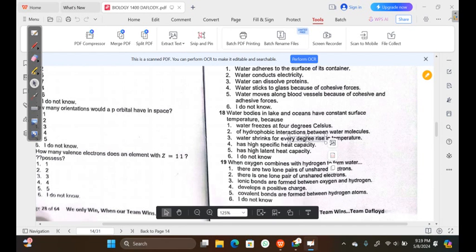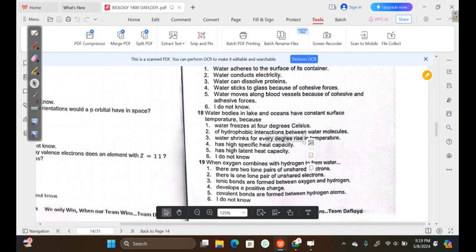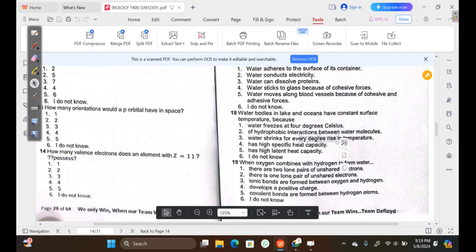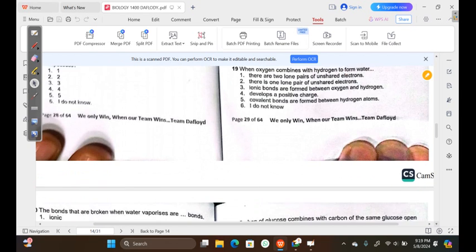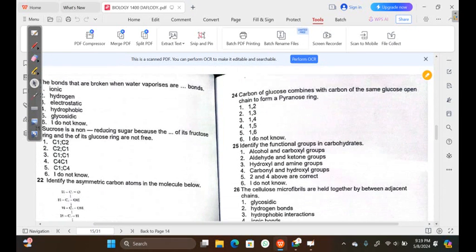Which other topic can I jump to? Which topic? I think that will be the last one. I think this paper, guys, will help you. You should revise as you go write your test.